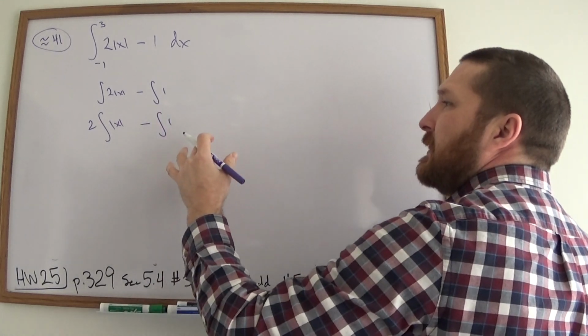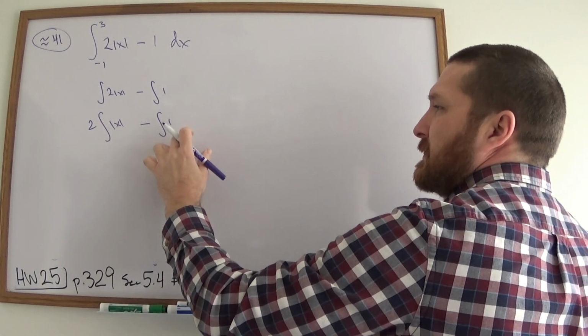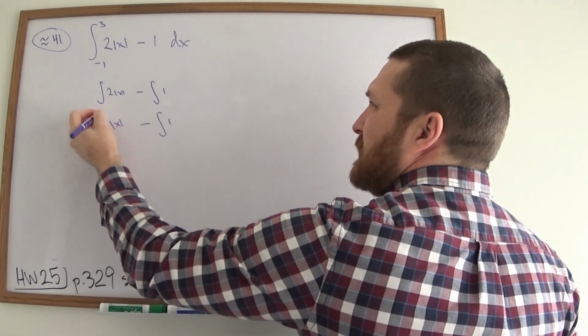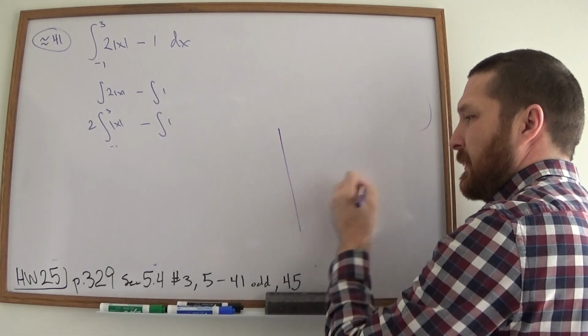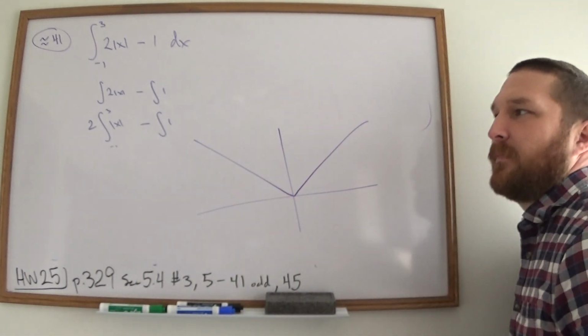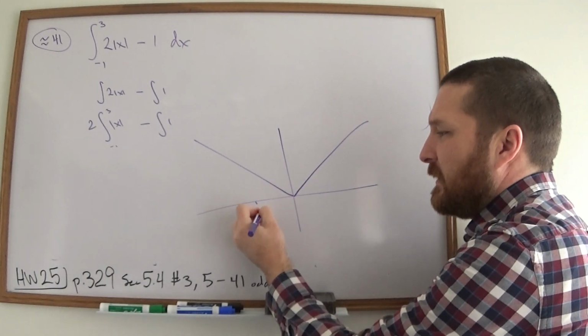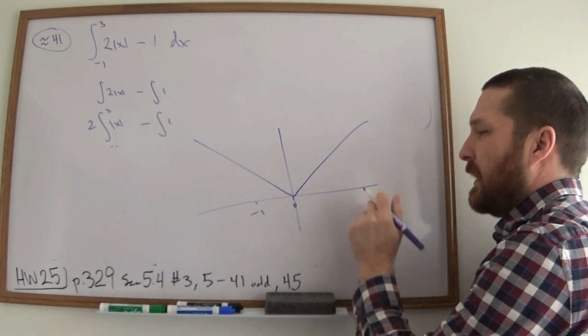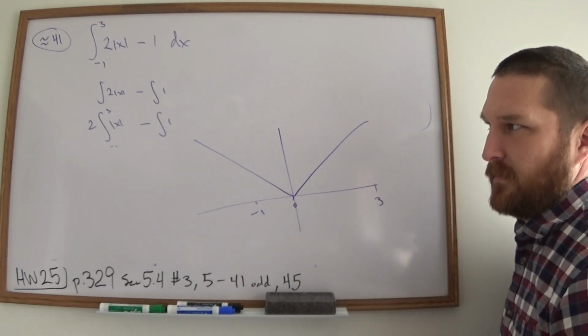So the antiderivative of this, that's easy. This guy is rough, because let's just think about what he looks like. The absolute value of x does this. So from negative 1 up to 0, he's one function, and then from 0 up to 3, he's a different function.